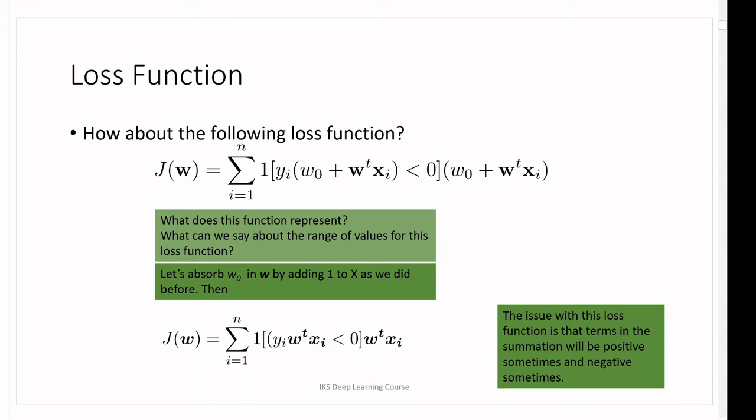That means there is no clear way of indicating when this function is reaching its minimum value. So what we need to do is to make a small modification, and let's do that in the next slide.